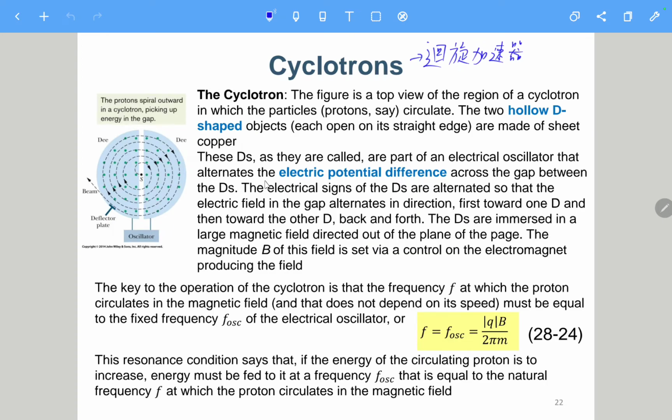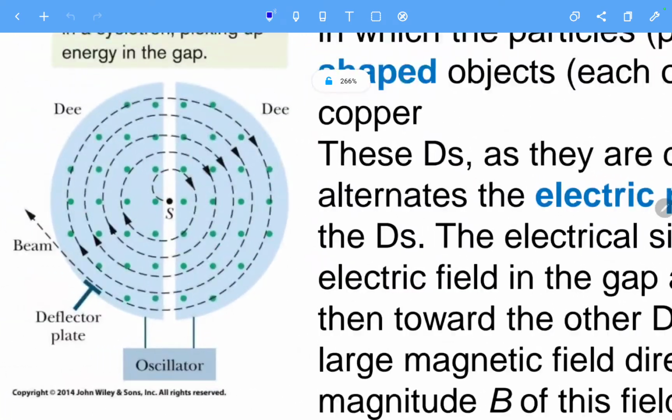So here is the cyclotron, which involves adjusting the frequency. Here we have a round disk, and all the particles will start from the center.